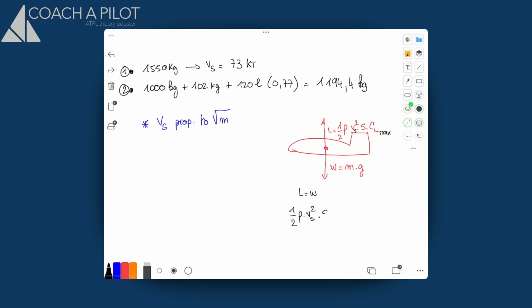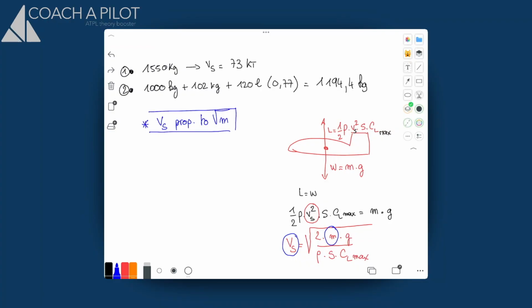We assemble everything in one equation in which the lift equals the weight, and the next step is to isolate the VS on one side of the equation, which is the square root of 2 times mass times gravity divided by density times surface times CL max. So the VS is proportional to the square root of mass, demonstrated.